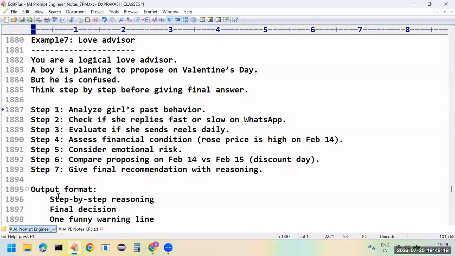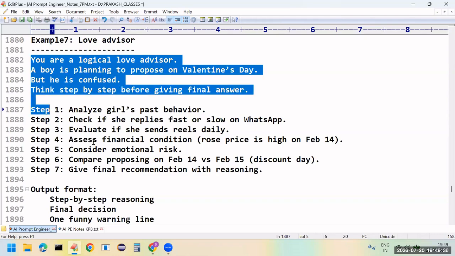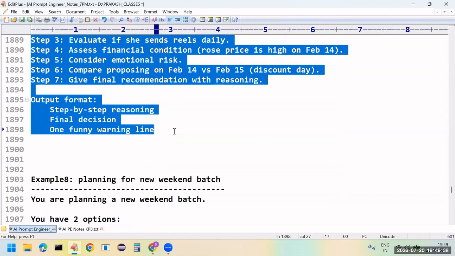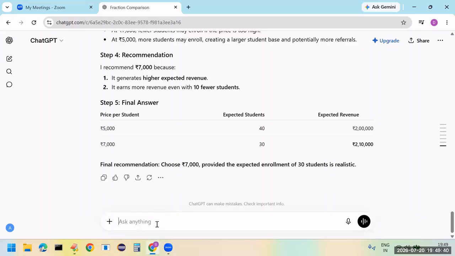Run the prompt, sir. Is my ChatGPT going to give any suggestion? What is it going to tell? You need to see the answer, correct? Yes. Let's run this prompt. Let's see what response it is going to provide.